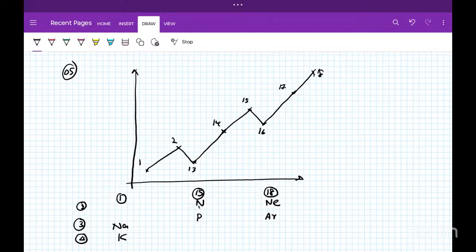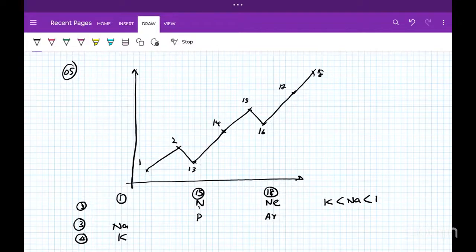So you have been asked about the increasing order. Definitely the lowest ionization energy is with potassium, because that is in the fourth period. Then you have to consider the third period elements, that is sodium, phosphorus, and argon. Out of these, the least ionization energy is with sodium.